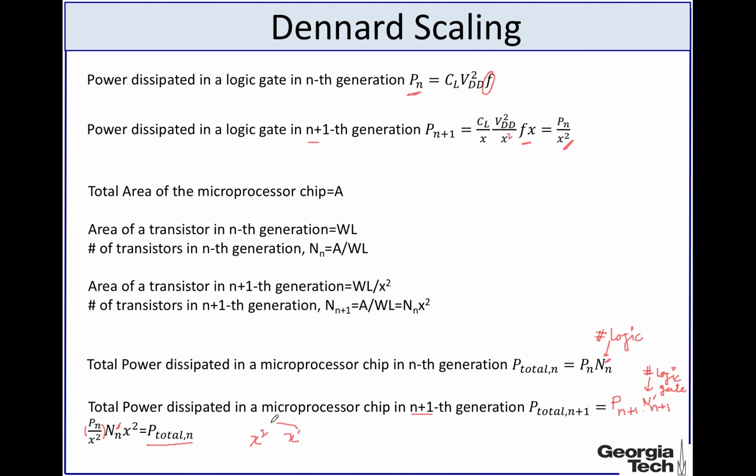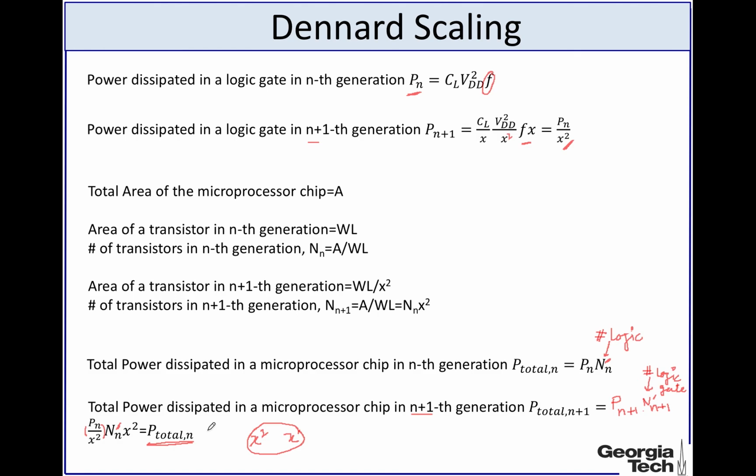But even though you have increased both the number of logic gates or the devices and the operating frequency in the n plus 1 generation, the total amount of power that you will be dissipating in the n plus 1 generation will essentially be the same as that in the nth generation, and that is the beauty of scaling.